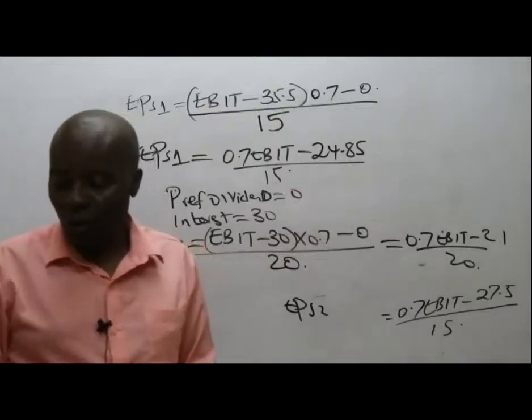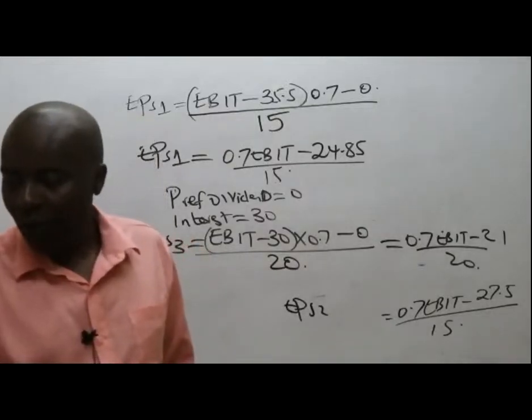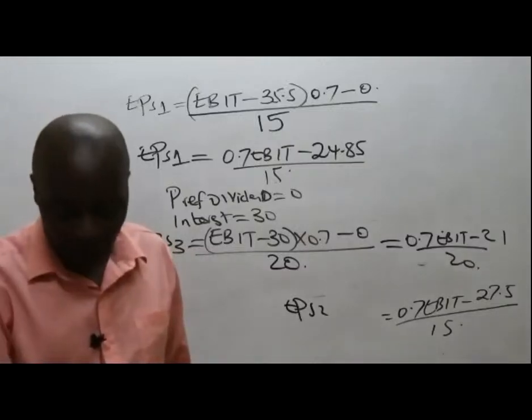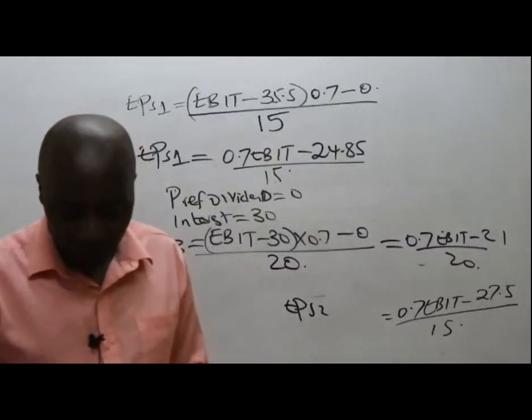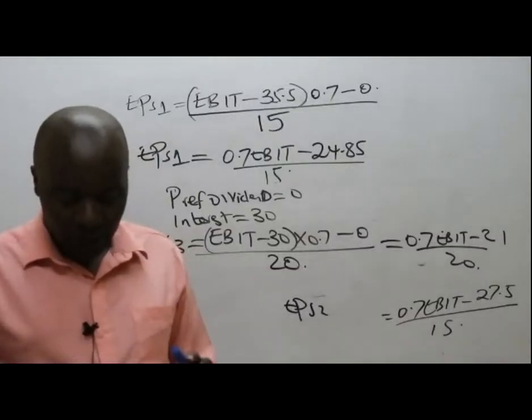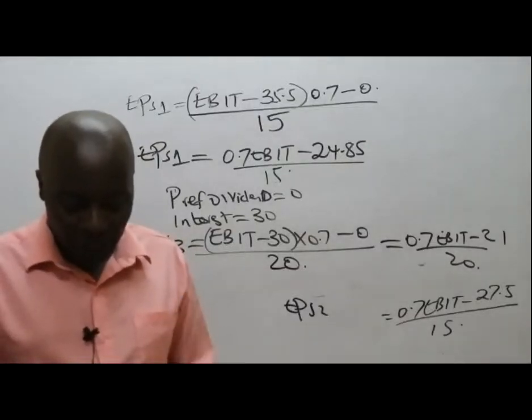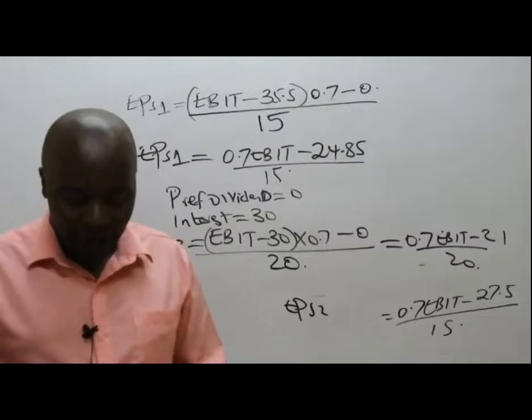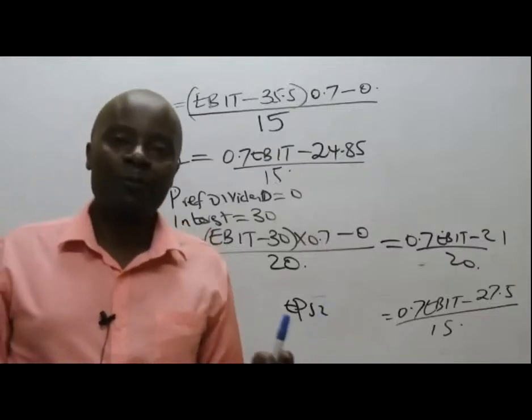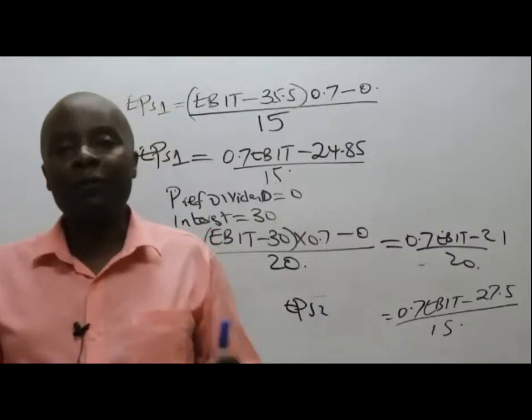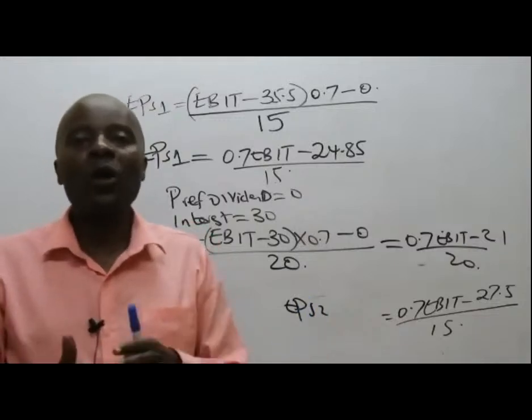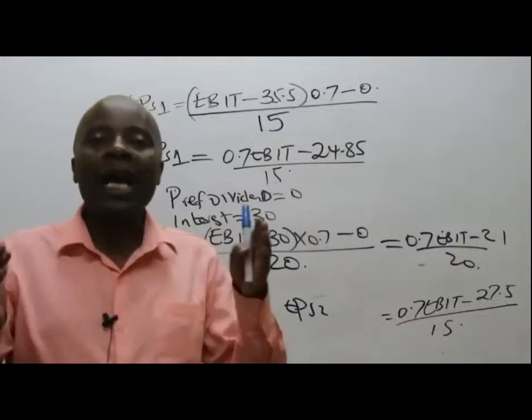But now I know where most students will go wrong. Where most students will go wrong, ladies and gentlemen, is in Roman 2, or rather Roman 1, where they want us to calculate earnings before interest and tax and the EPS at the point of indifference, the point where you are indecisive, you can't decide.